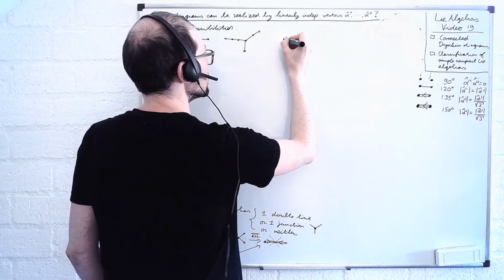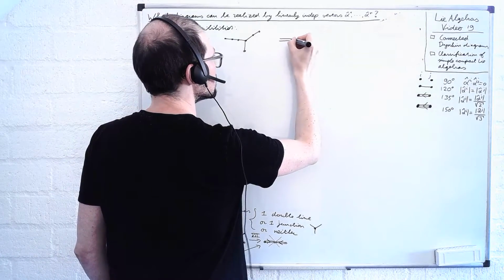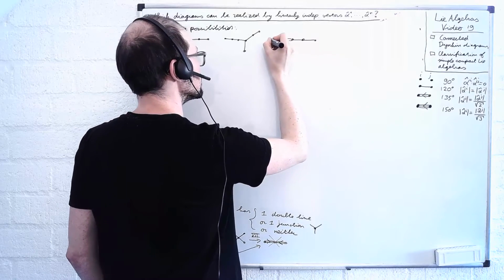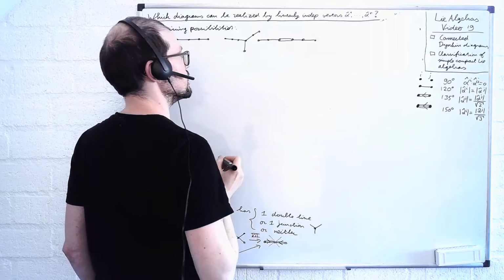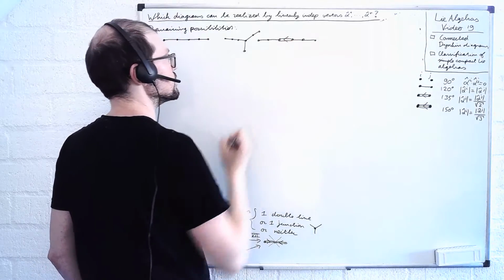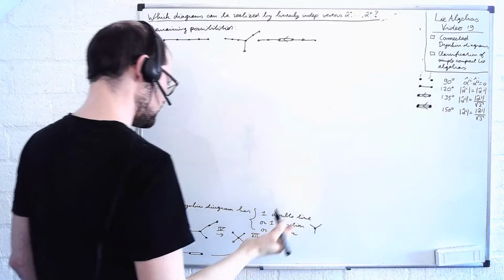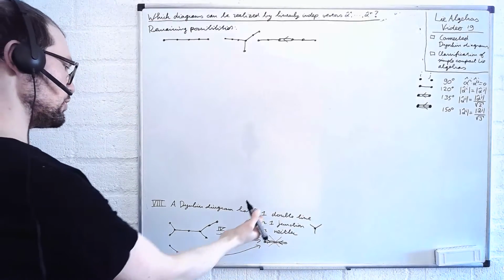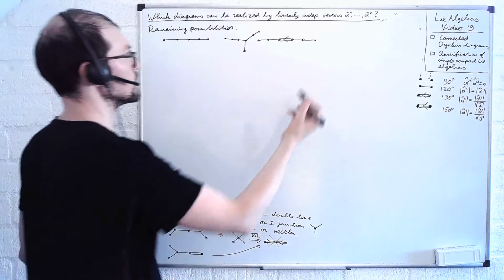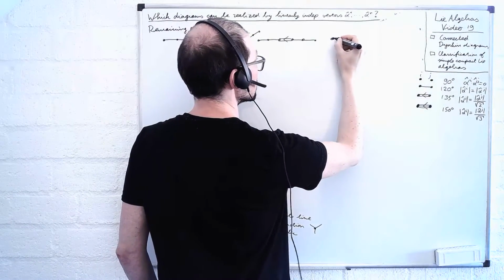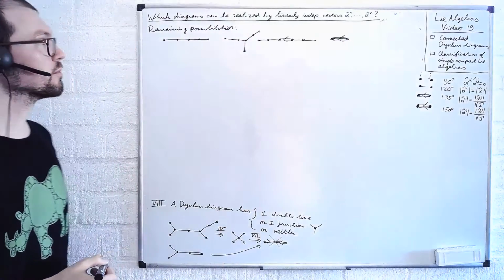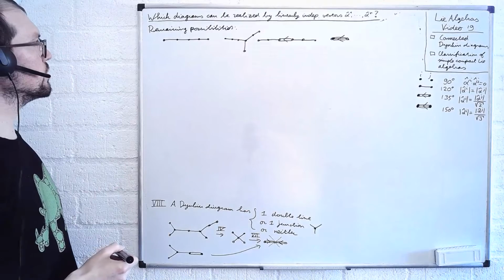I could have a double edge with single lines attached on both sides. Some arrow here. And then, what are the other options? I've exhausted now these 3 options, so the only thing that we have not included is this rank 2 triple line. So this is really all we can do.